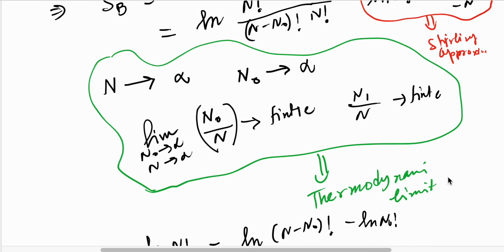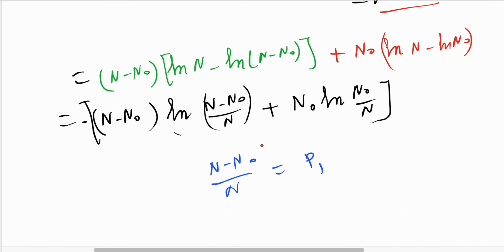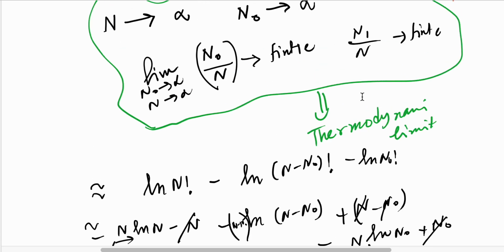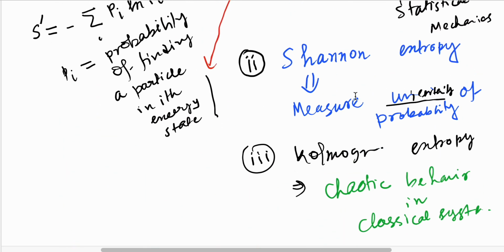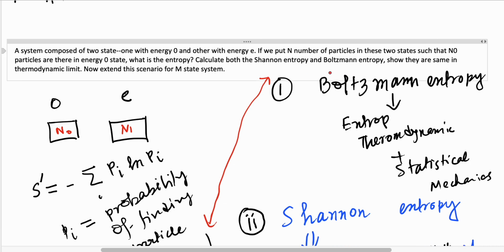So now you can see that this Shannon entropy is exactly equal to the Boltzmann entropy in the thermodynamic limit. Hence we prove that in the thermodynamic limit, the Shannon entropy and Boltzmann entropy give the same result.